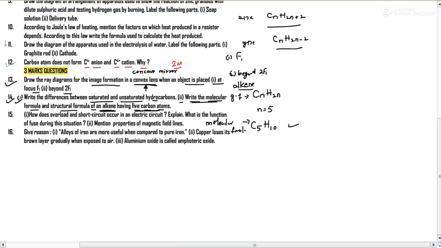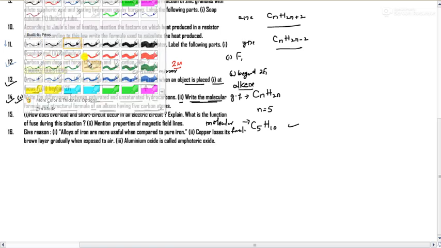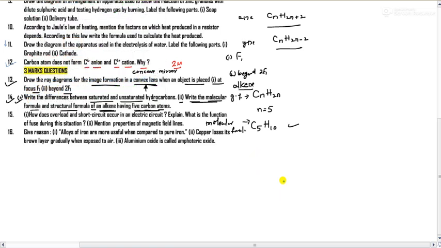Now what is its structural formula? For that I will tell you an easy trick. Just write 5 carbons like this, 1 2 3 4 5, with single bonds between each. Since it is alkene, it has at least one double bond, so I can keep it anywhere.